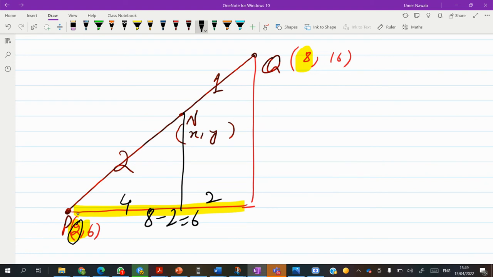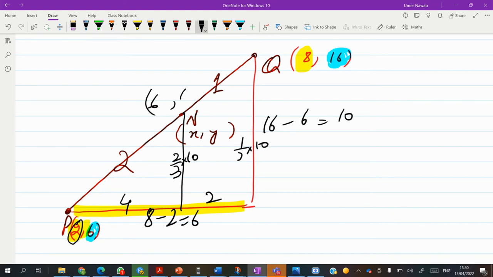So the x coordinate of N will be 2 plus 4, which is 6. Now to get the y coordinate, apply the same technique. The difference of the y coordinates is 16 minus 6, which is 10. If this distance is 10, this part should be 2 over 3 of 10, and this is 1 over 3 of 10.